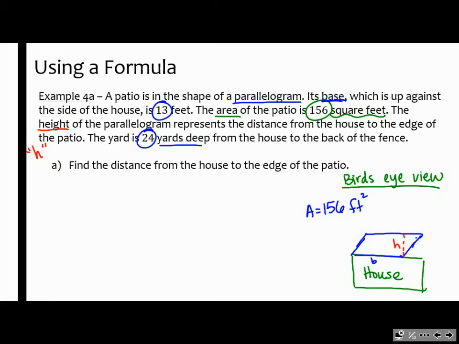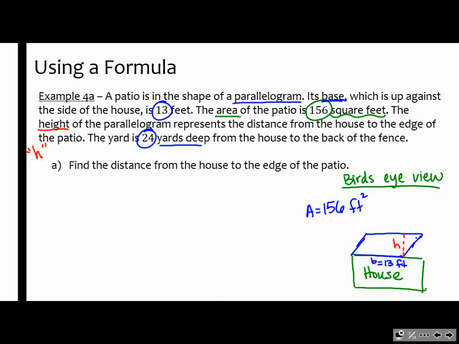The yard is 24 feet deep from the house to the back of the fence. I've got to make sure I draw this right. The patio is in the shape of a parallelogram. Its base, which is up against the side of the house, is 13 feet. I should write that down: 13 feet.